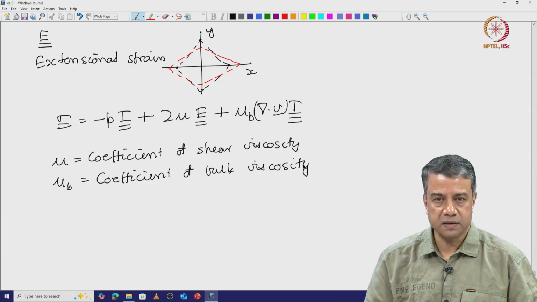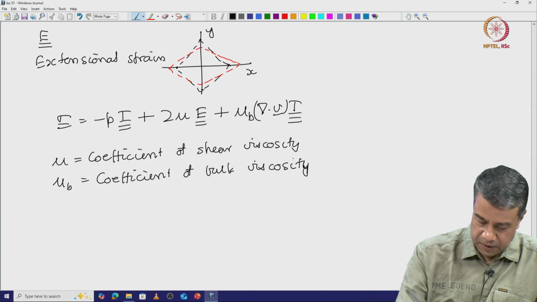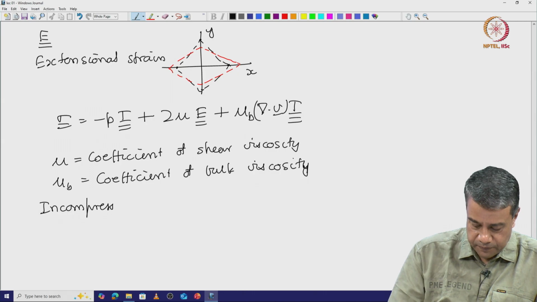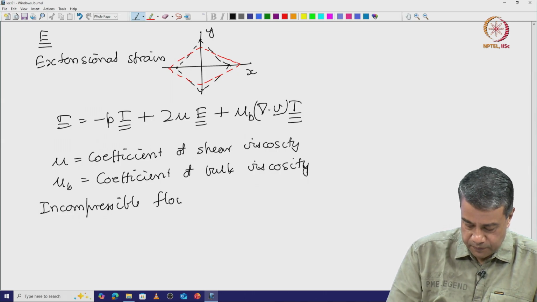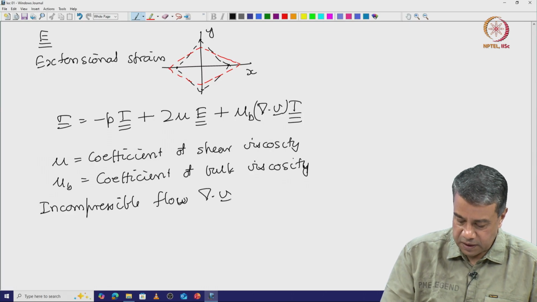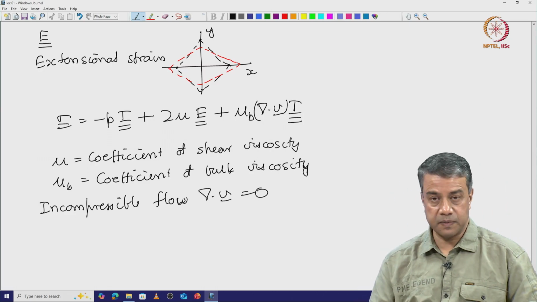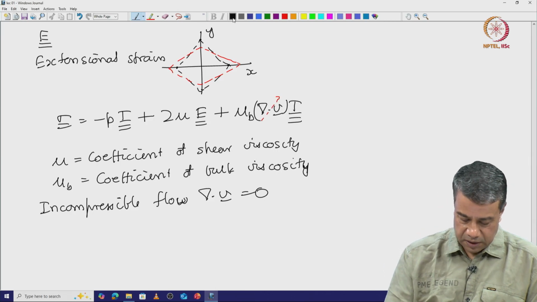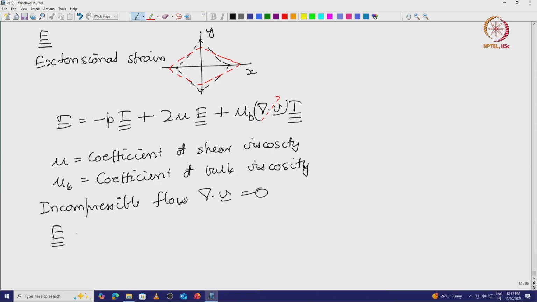For the particular case where there is an incompressible flow, the divergence of the velocity has to be equal to 0, which means that this term here is equal to 0, and in the symmetric traceless part, half of grad v plus grad v transpose minus 1/3 I divergence of velocity, this term is also equal to 0.